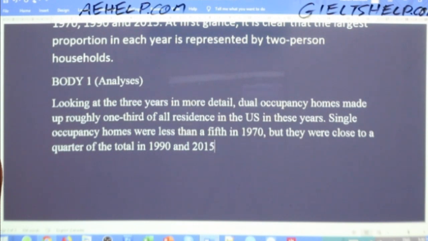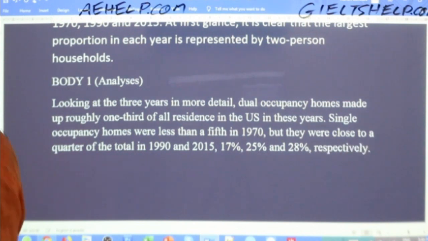And if you really want to get fancy and report on data, you can say 17%. Please do not write percent over and over again. Use the symbol. 25% and 28% respectively. Okay? So that could be a good sentence.